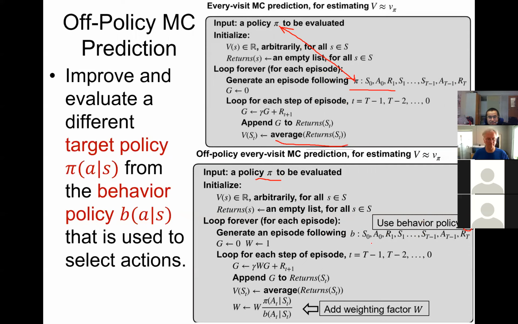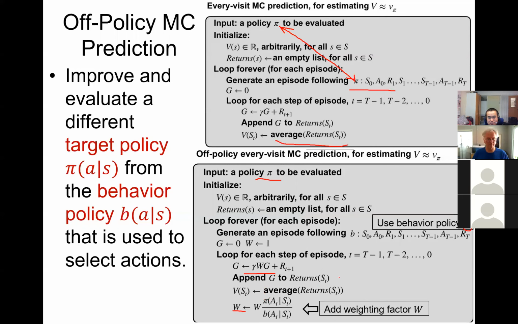As a result of this difference, we must add this weighting factor, W, by multiplying W to G before updating the G used for calculating the value function.